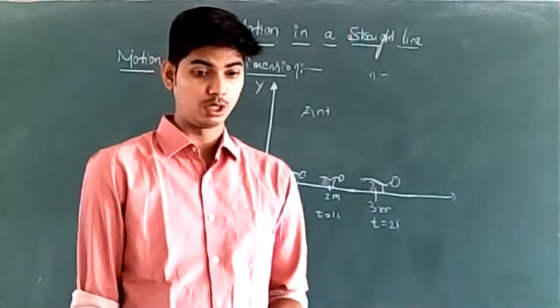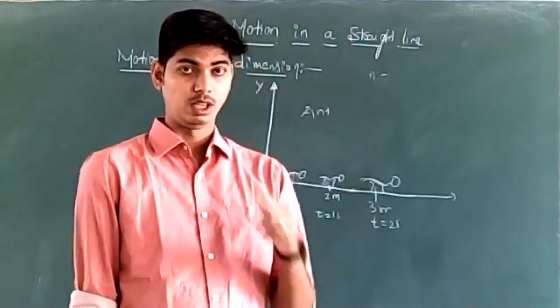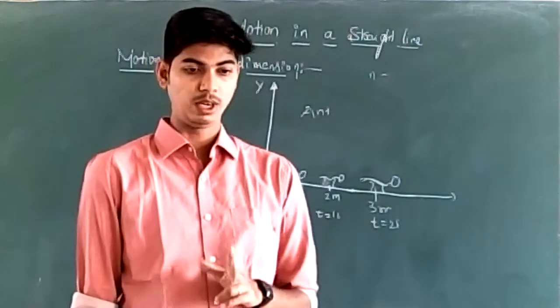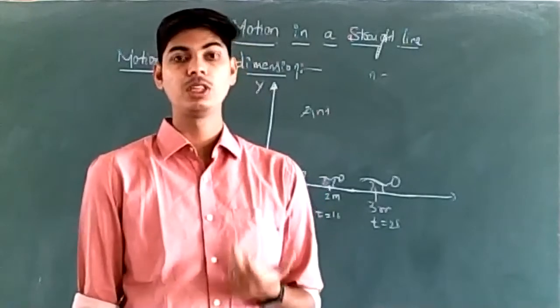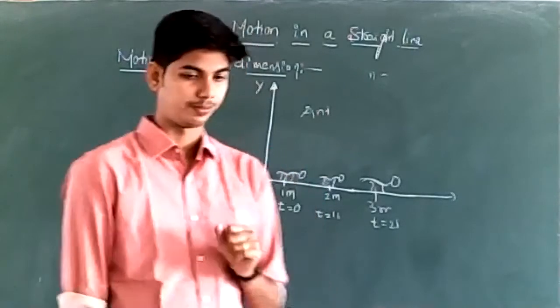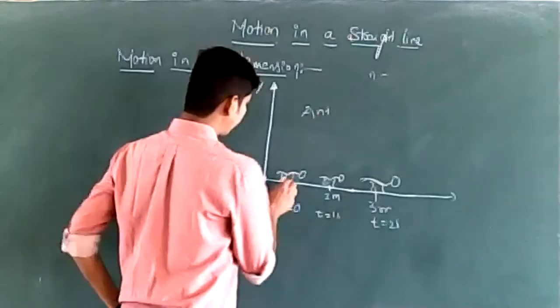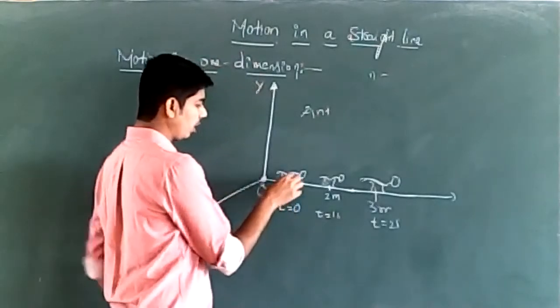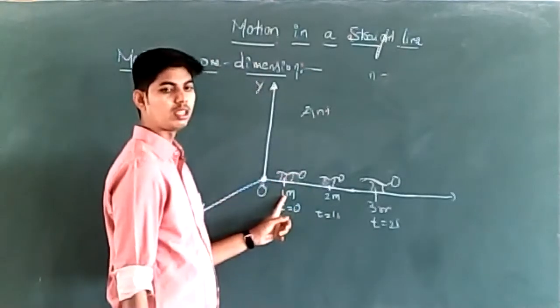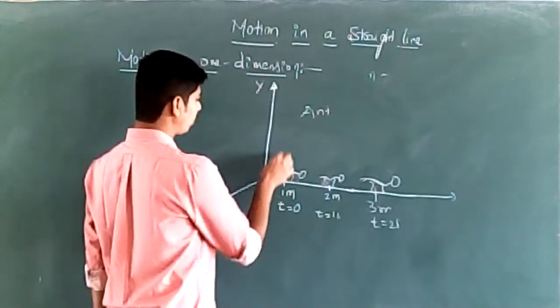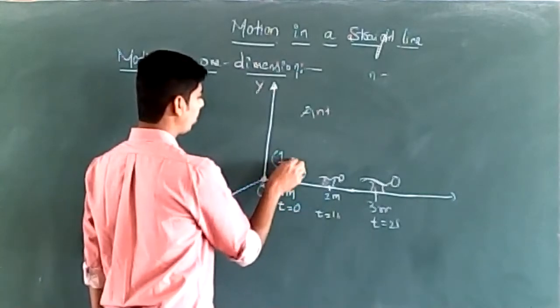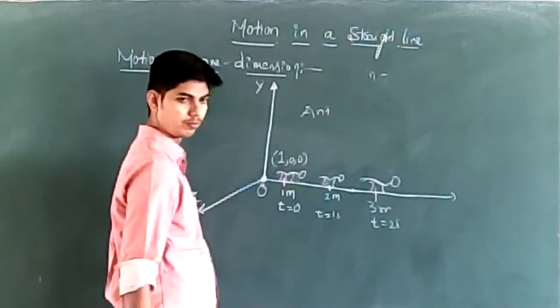However, what type of motion is possessed by the ant? Whether the ant is moving in one dimension, or in two dimensions, or in three dimensions, that must be decided. Now, we'll try to specify the position coordinates for this ant. At this position, the coordinates will be 1, 0, 0.